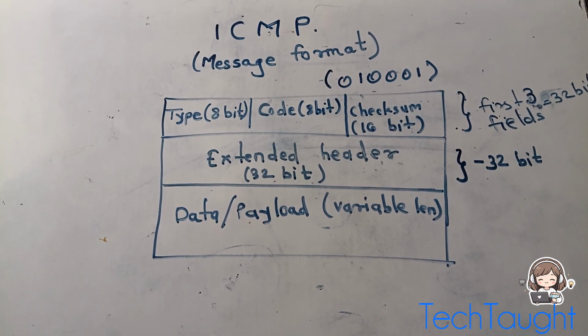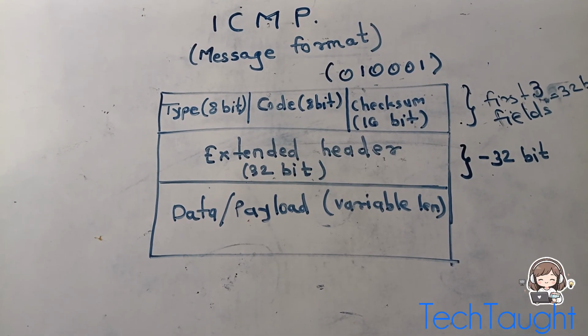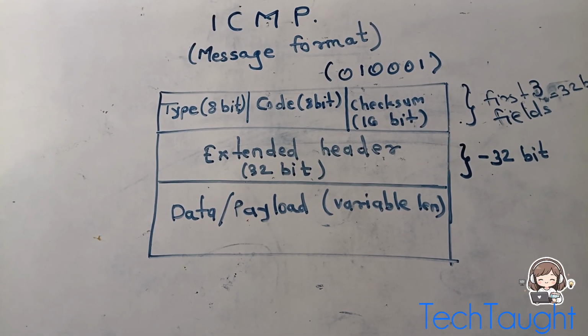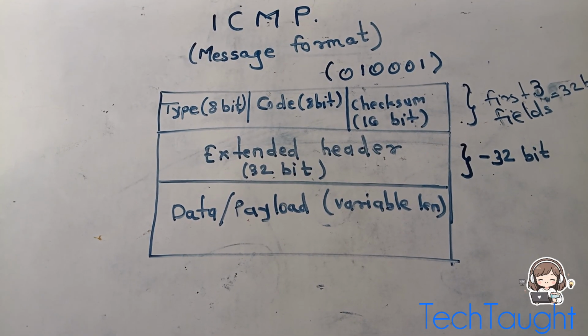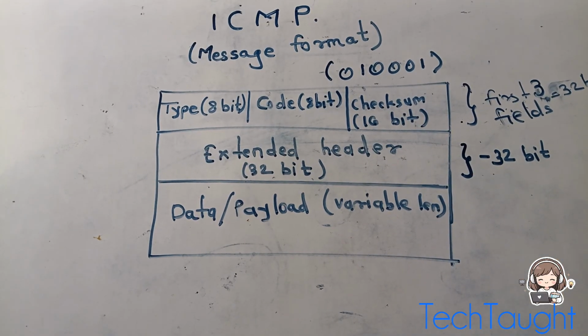But let's say a receiver has received the 4 bits of data, but in that message some bits are missing, or we don't know the byte locations the sender is sending. In case of that, this is the extended header which points out the byte locations which can cause problems further.